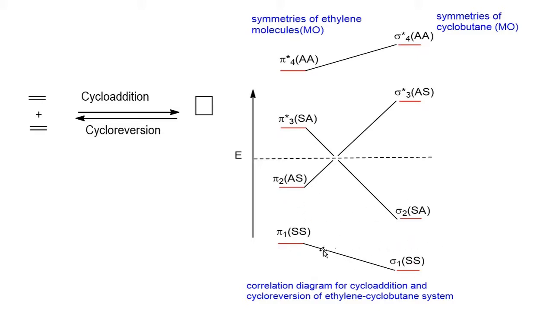This correlation diagram indicates the ground state molecular orbitals are not correlating with the ground state molecular orbitals. Even though these two ground states are correlating with each other, this ground state correlates with the excited state molecular orbital.